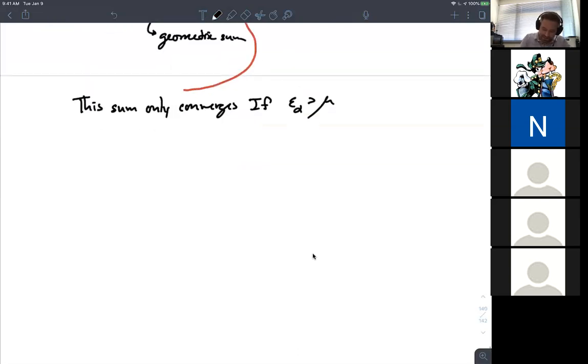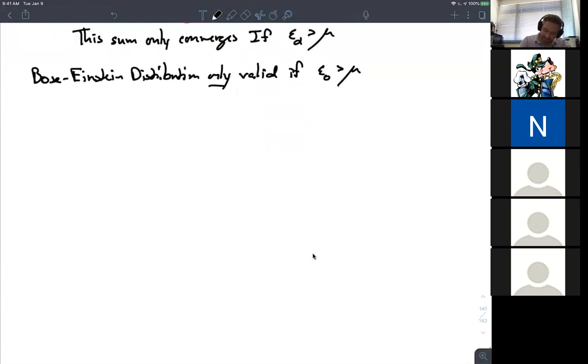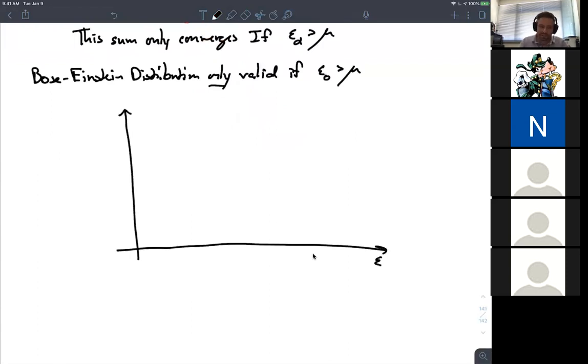All right, so the Bose-Einstein distribution is only valid if your lowest energy value, which is the ground state, is higher than the chemical potential. Okay, and what this looks like graphically. Okay, so on the x-axis, I put my energy. On the y-axis, I plot the Bose-Einstein distribution. There's again the special value of μ.